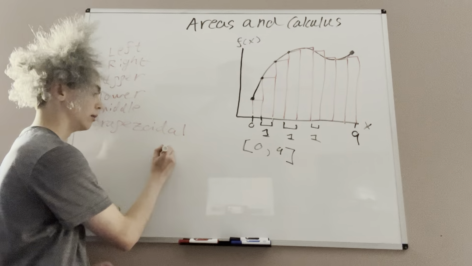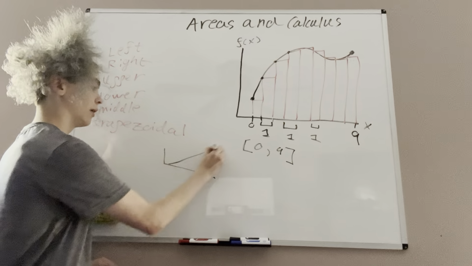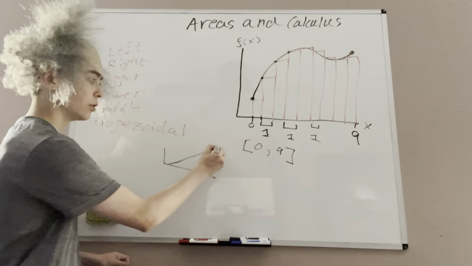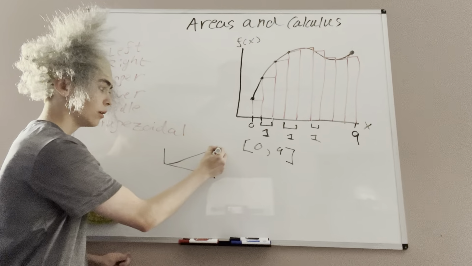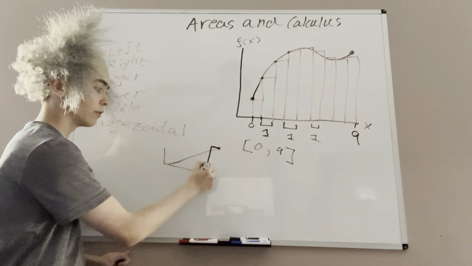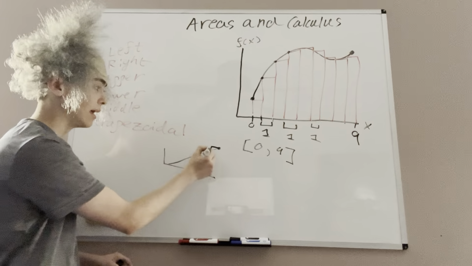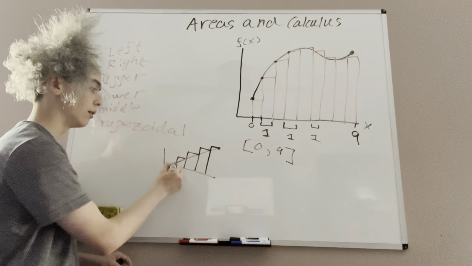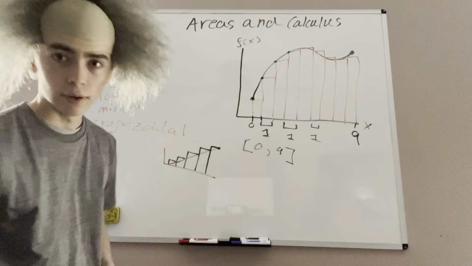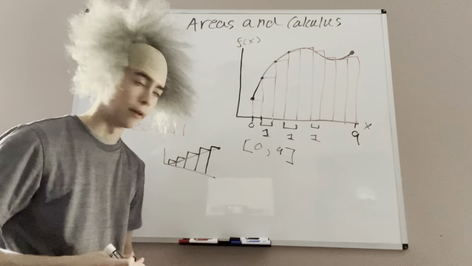I'll draw a little replica here on a line. We start on the right side of our interval and make the top right corner of our box on the function, then draw our box. We do that for the entire interval, and that's going to be the estimation of our area.